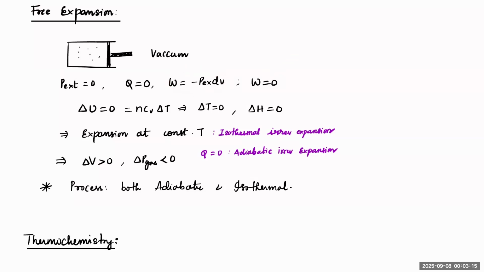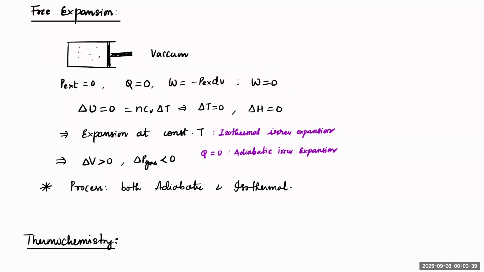And since there is nothing externally, there will not be any heat which will be absorbed or given out, which means Q is also zero. If W is 0, Q is 0, definitely delta U will be equal to 0.